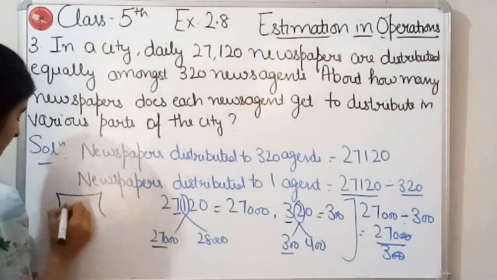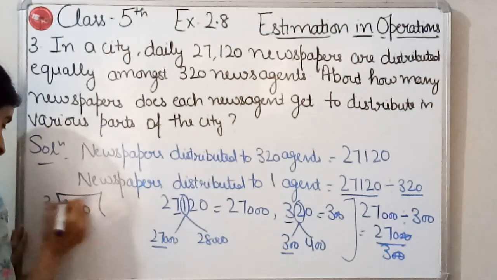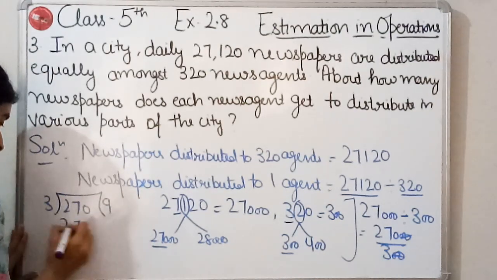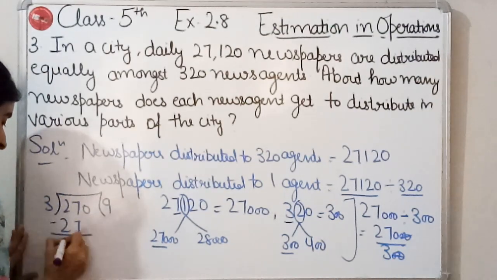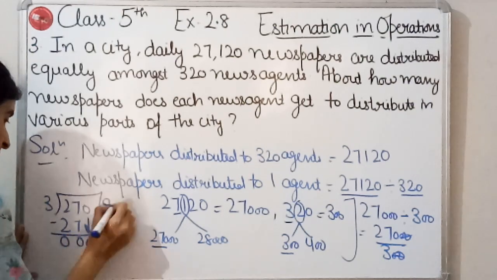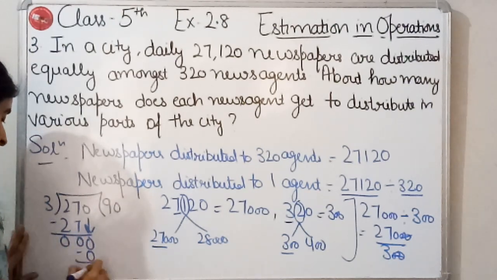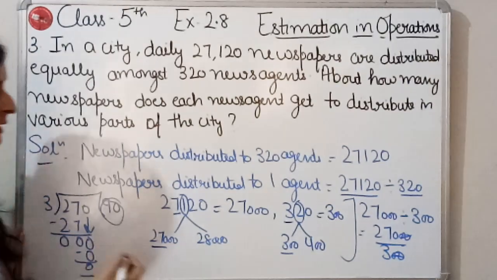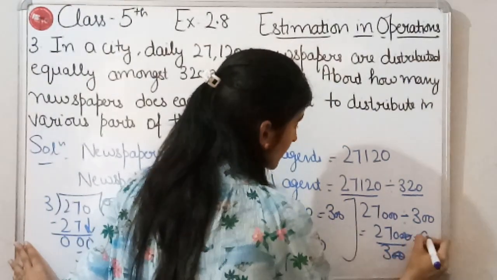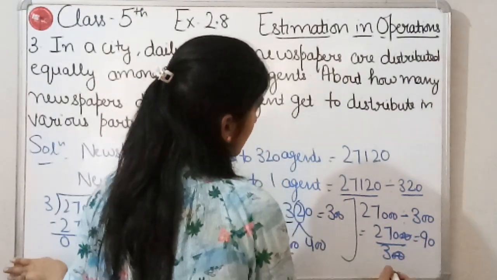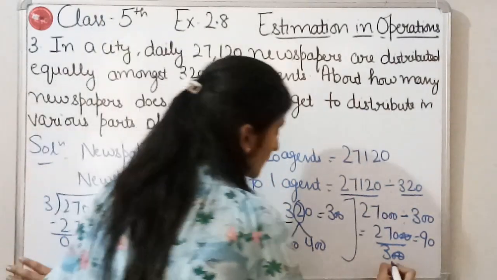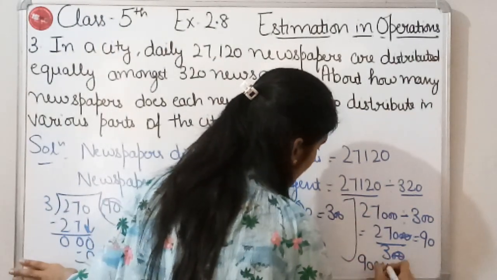I am doing division here. 3 nines are 27. 27 minus 27 is 0. 3 zeros are 0. So the answer is 90. So the answer will be 90 newspapers.